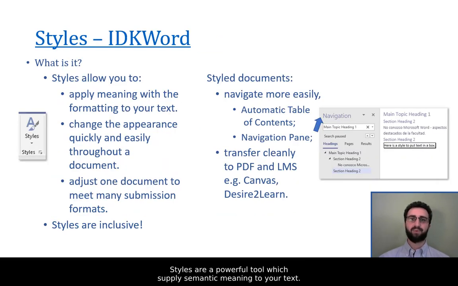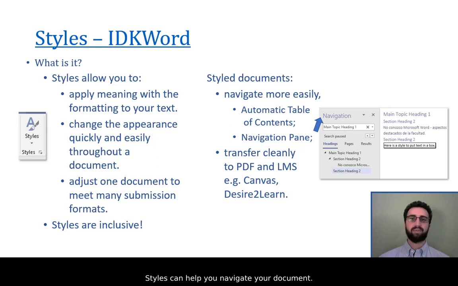Styles are a powerful tool which applies semantic meaning to your text. You can use them to quickly and easily change a document's appearance without needing to manually edit text. For example, you can change documents to meet different submission formats just by modifying their styles. Styles are also inclusive.